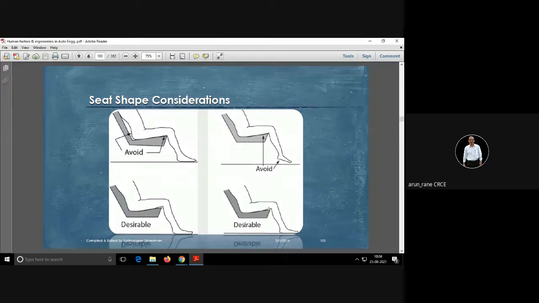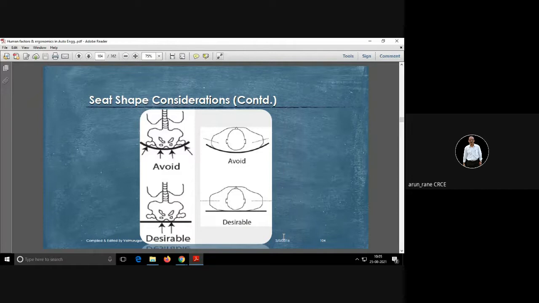It doesn't matter if there is a slight gap here, but this should rest properly on the ground. This is what is desirable. So when you are sitting at a table and chair, your hand should rest on the table. At the same time, your feet, that should also rest on the floor. That's a good ergonomically designed table and chair.